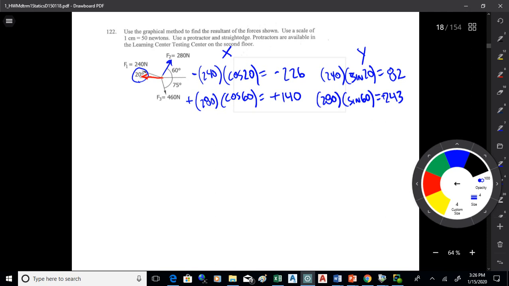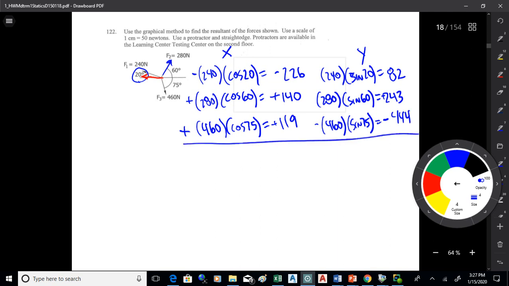And then the last one there, I've got 460. Now that's down and to the right, so that'll be a positive x. 460 for right, and that's cosine of 75, and that's going to be 119. That'll be positive, and then I'll have minus 460 sine 75, and that'll be a negative, and that'll be negative 444.